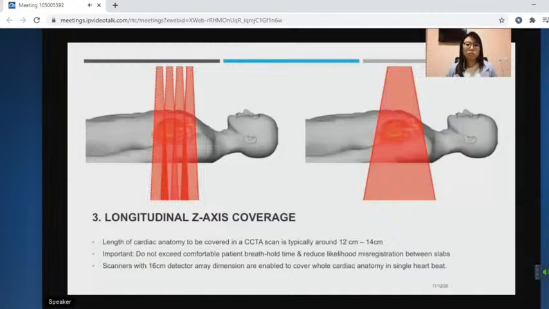In the past, in most of our CT scanners, the detector size is about 3 to 4 cm, which is not enough to cover the whole cardiac anatomy, because the cardiac anatomy length is about 12 cm to 14 cm. Because of that, most patients doing cardiac scans need to hold their breath for a longer period.